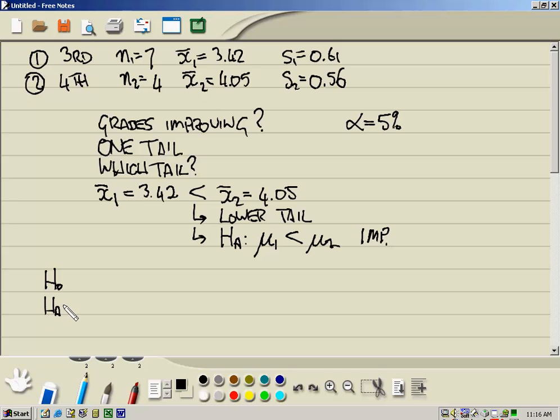Okay, so let's now write down both hypotheses. Alternate, as we have here, mu1 less than mu2, grades are improving. And the null, the complement of that, mu1 greater than or equal to mu2, grades are not improving.